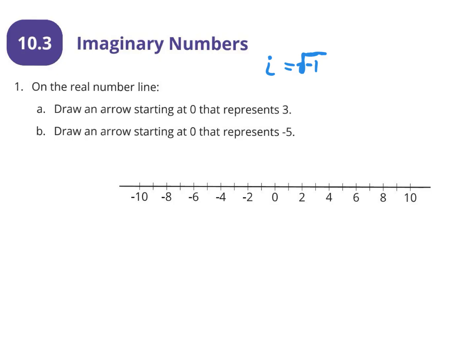So now, on a real number line, draw an arrow starting at 0 that represents 3. So 0 that represents 3 goes right there. And then one that represents -5 will go to here, because 3 and 5 are right there. So that's -5, and that's +3.